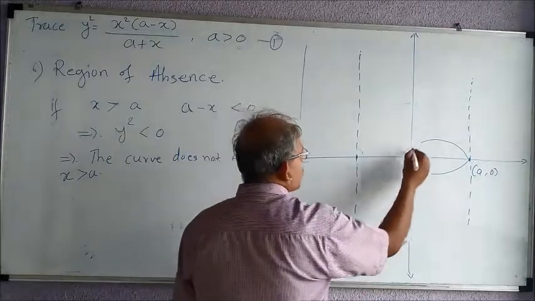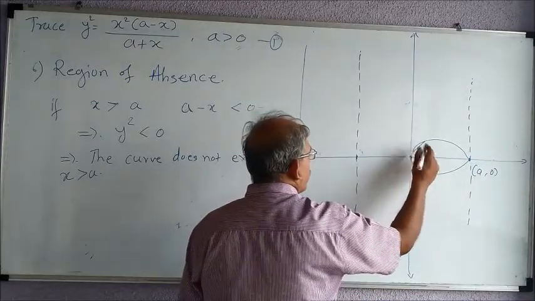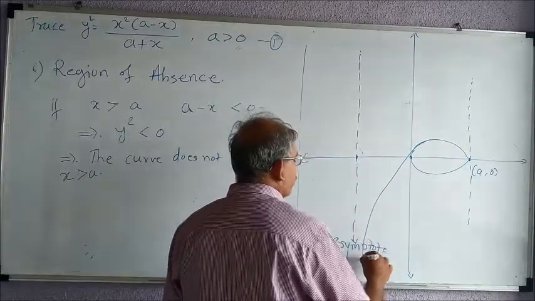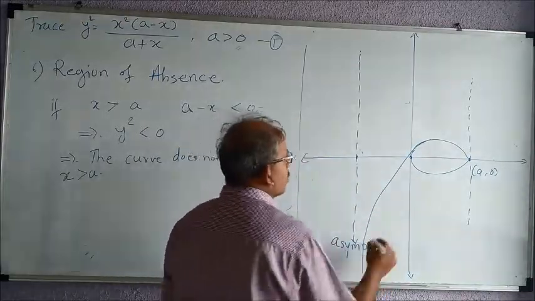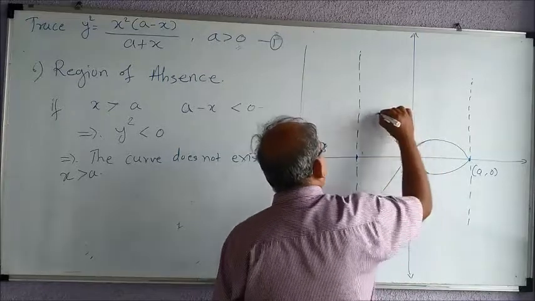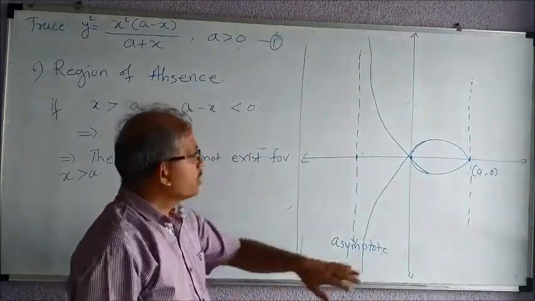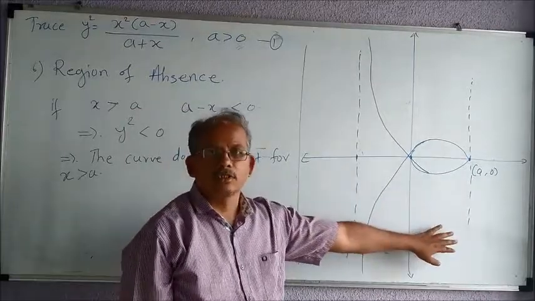Asymptote means the curve is going like this and it goes parallel to this asymptote. Similarly to this side, the curve is growing like this and goes parallel to the asymptote. So this is a rough picture of this curve.